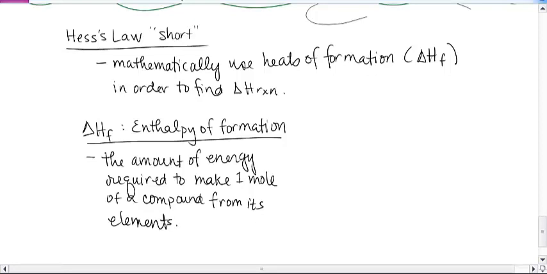The amount of energy required to make 1 mole of a compound from its elements. I'll give you some examples.